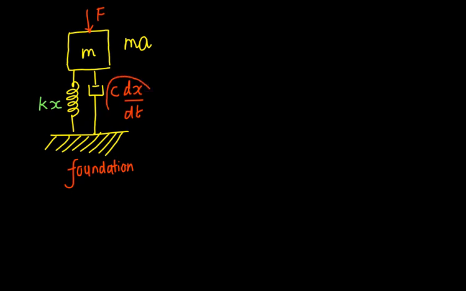One is the damping force and the second one is the spring force. Only these 2 forces will be transmitted to the foundation and MA will not be. That is how the suspension system actually works, and that is how the vibration isolation actually works. So the MA will not be transmitted to the foundation.